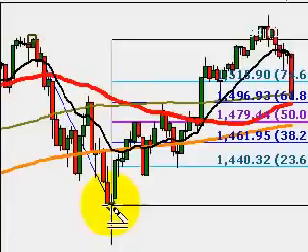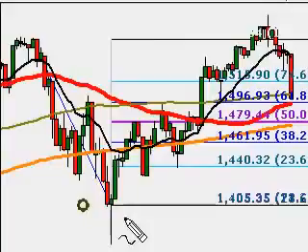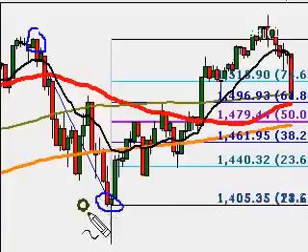Here we go. Okay, so if we took from this high to this low, starting with this high, measuring to that low, notice that in this particular case I'm using the real bodies of the candlestick, so I didn't come all the way down to here. You can do it either way. I know some people who do it from extremes, and others use the real bodies of the candlesticks.